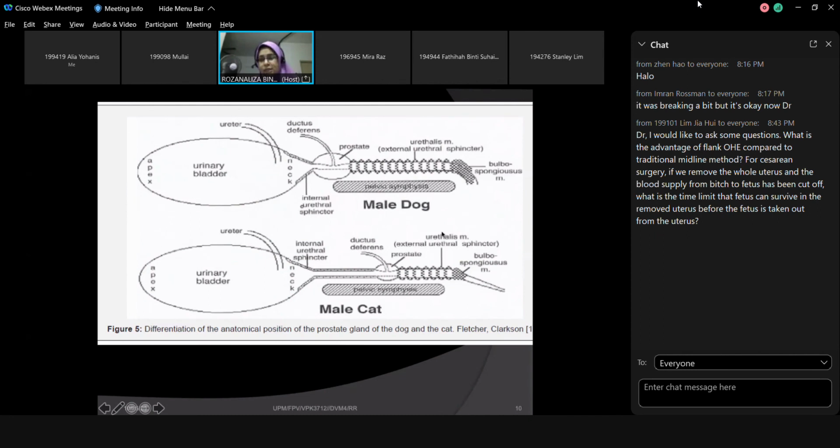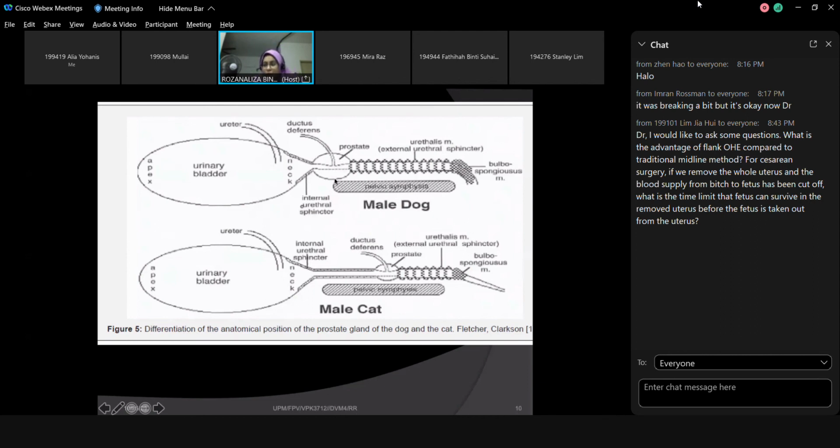There are major differences between the dog and cat prostate. This is the dog. This is the bladder. Immediately after the neck, you have the prostate. You can see the ductus deferens come into the urethra that is encapsulated by the prostate. It's very complicated actually.